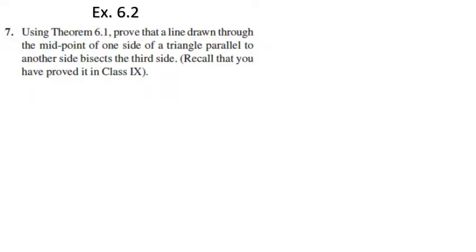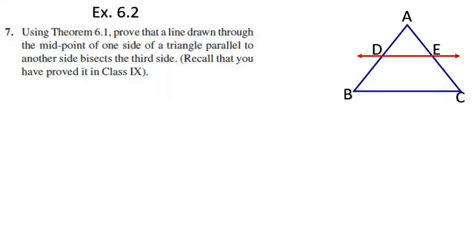Question 7. Using theorem 6.1, prove that a line drawn through the midpoint of one side of a triangle parallel to another side bisects the third side. So, let us draw a triangle and let us draw a parallel line.